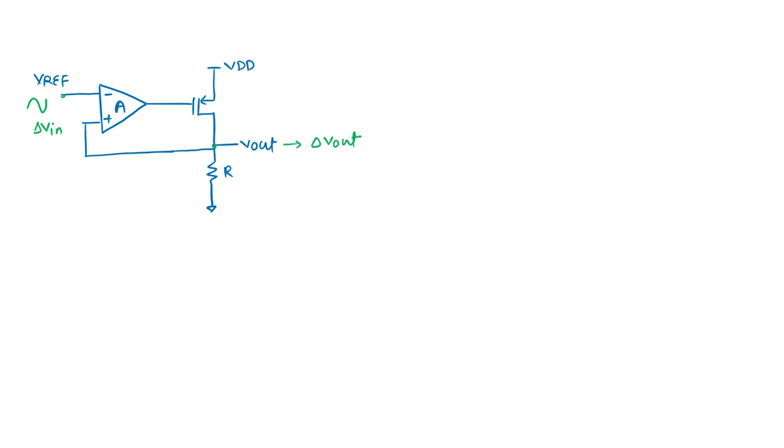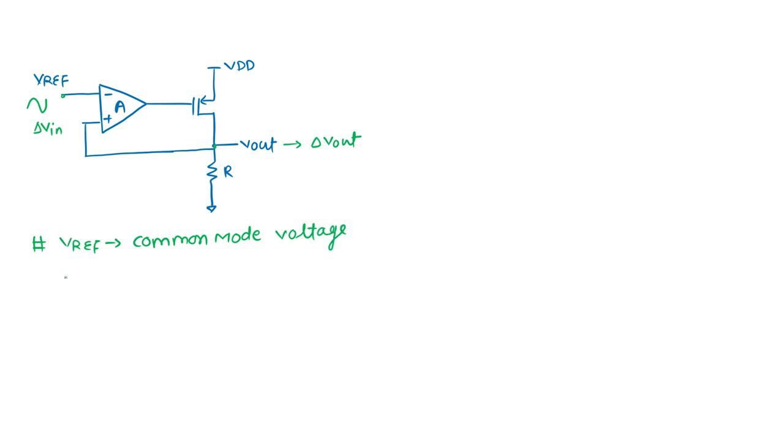Okay, so for a particular Vref there is a common mode set at the output, which is nearly equal to the Vref only. Actually I should mention here, Vref is the common mode voltage.